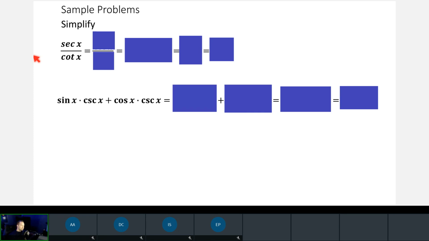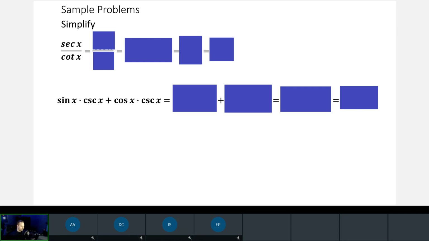All right, we want to simplify. So more problems using identities. And these we really know from last unit. And for these problems, you really want to get everything in terms of sine and cosine.